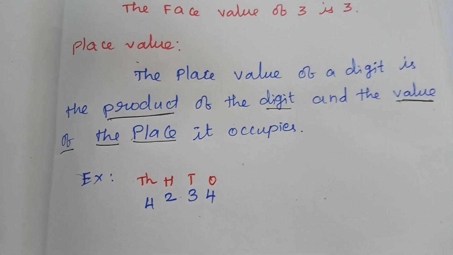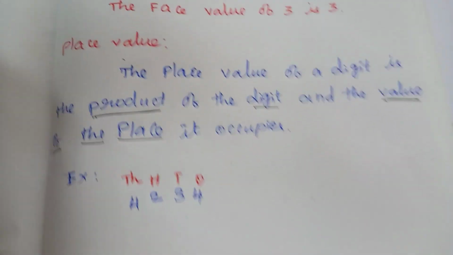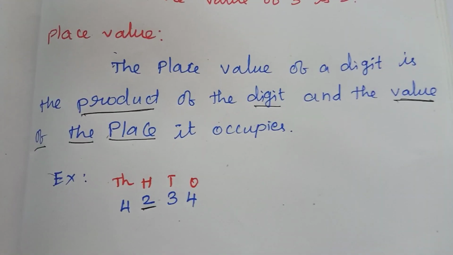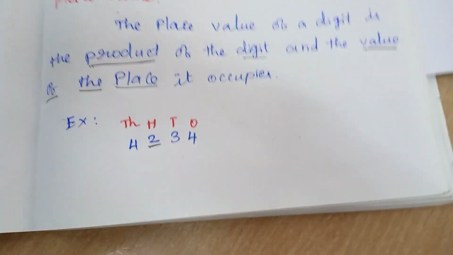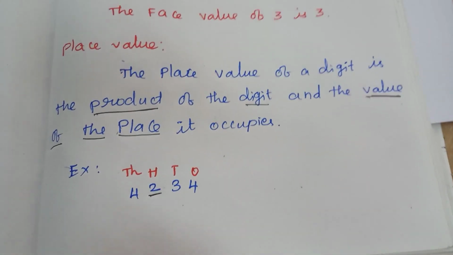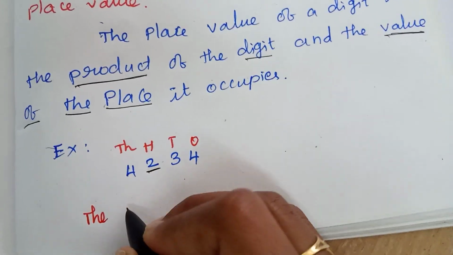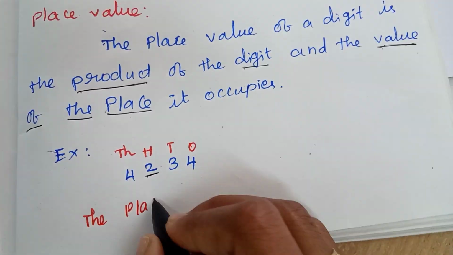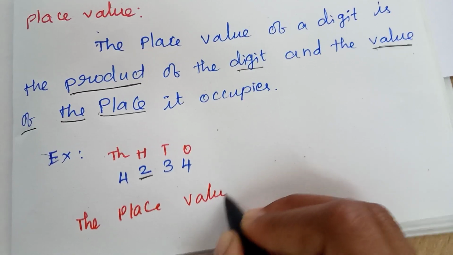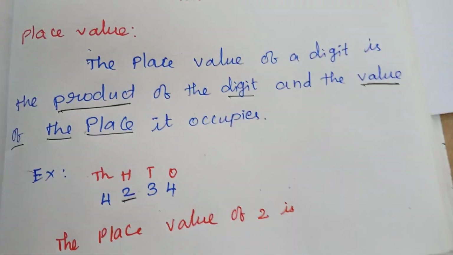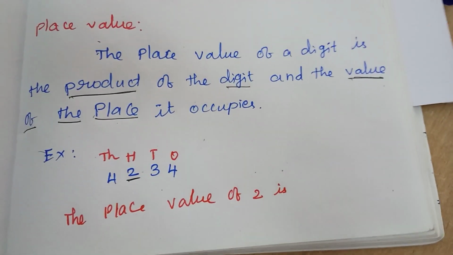Here I am going to underline the 2. Now I am going to find the place value for this number. What is the number? 2. The place value of 2 is, and we can write it in two forms.